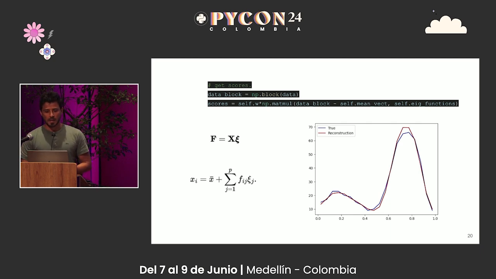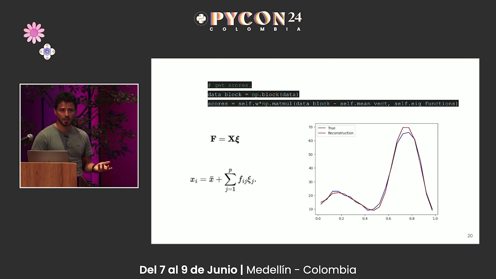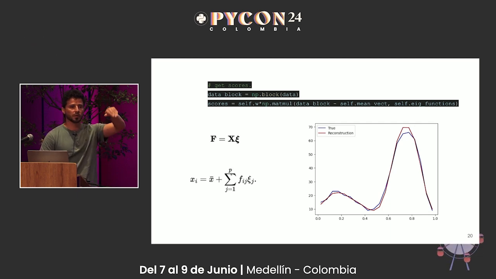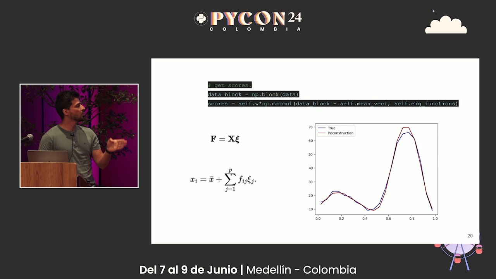So you can test how good this transformation is by doing the approximation of any of the functions using, again, the Karhunen-Loève approximation, where P is where you put the number of principal components that you want, and using this matrix. And here you can see that the real curve is very close to the approximation from the Karhunen-Loève expansion.